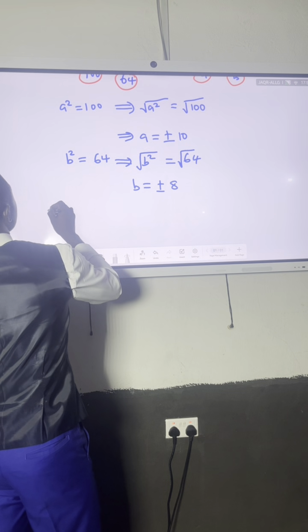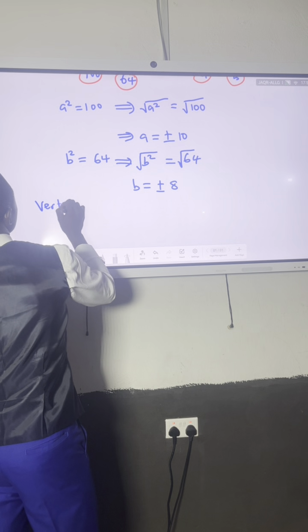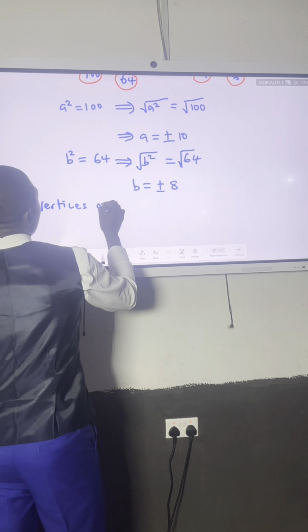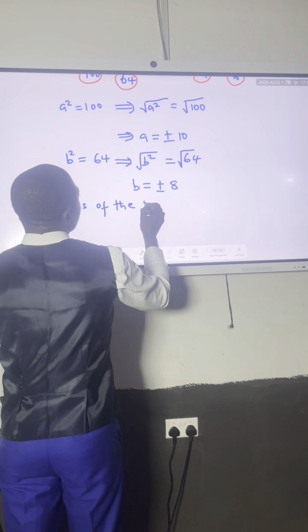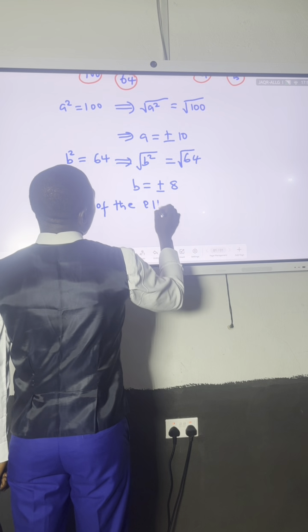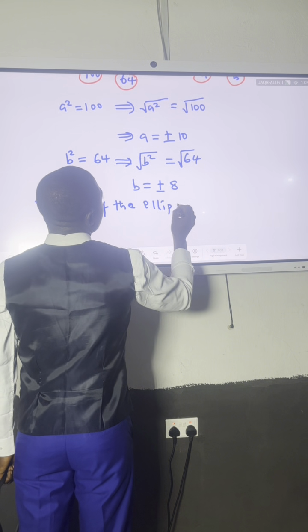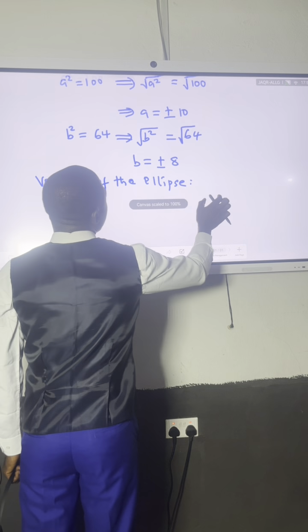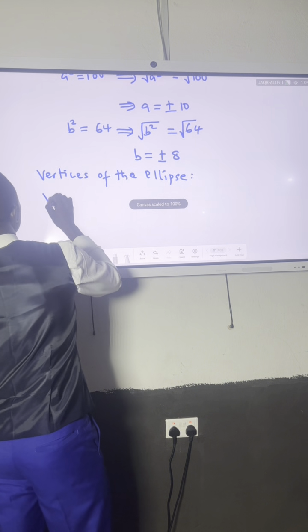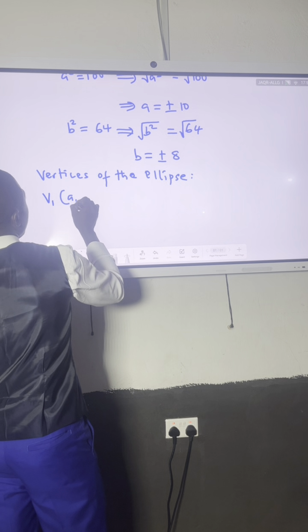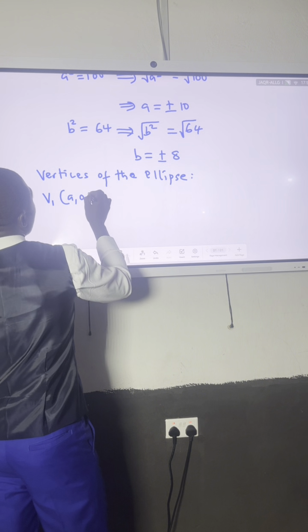All right, so the vertices of the ellipse in question. There are 4 vertices actually. So V1 is represented by a, 0.